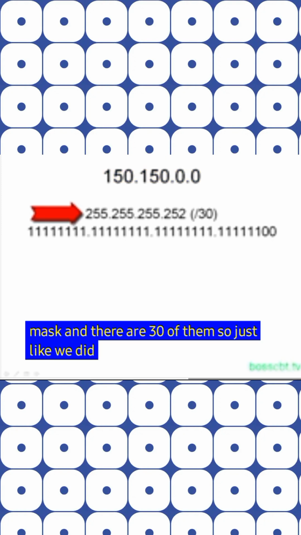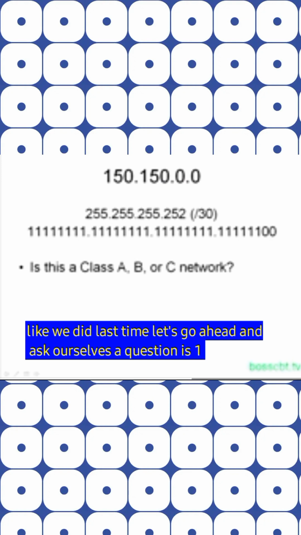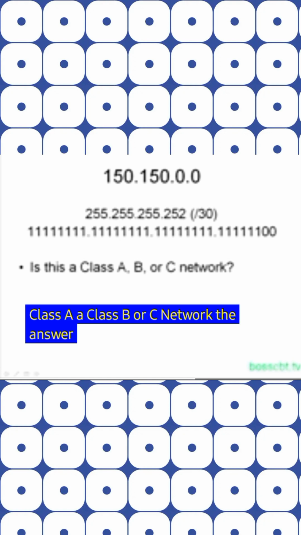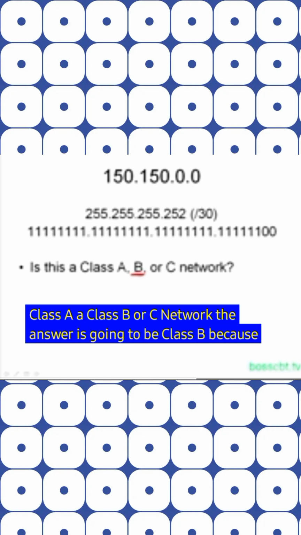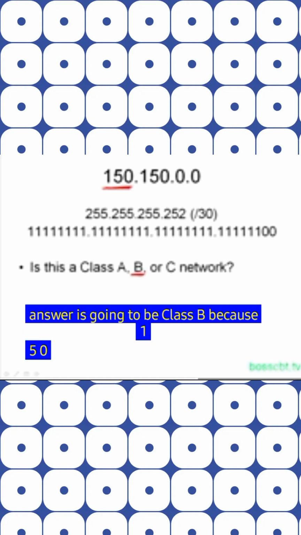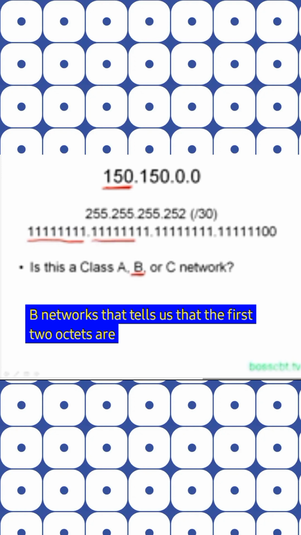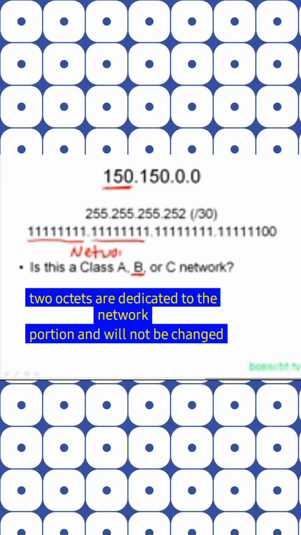So just like we did last time, let's go ahead and ask ourselves a question: is 10.150.0.0 a class A, B, or C network? The answer is going to be class B because 150 falls in the range of the class B network. That tells us that the first two octets are dedicated to the network portion and will not be changed.